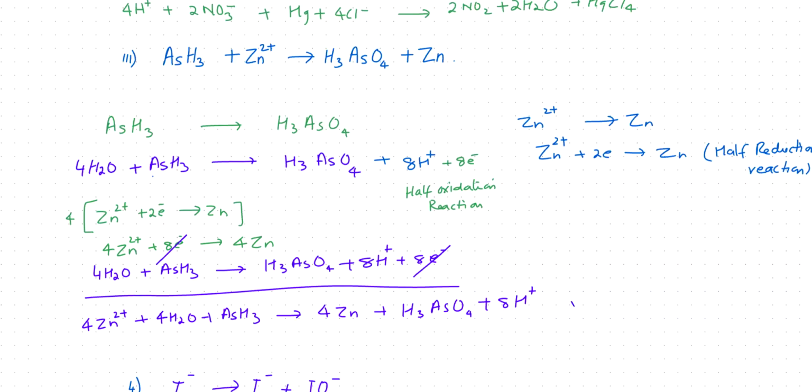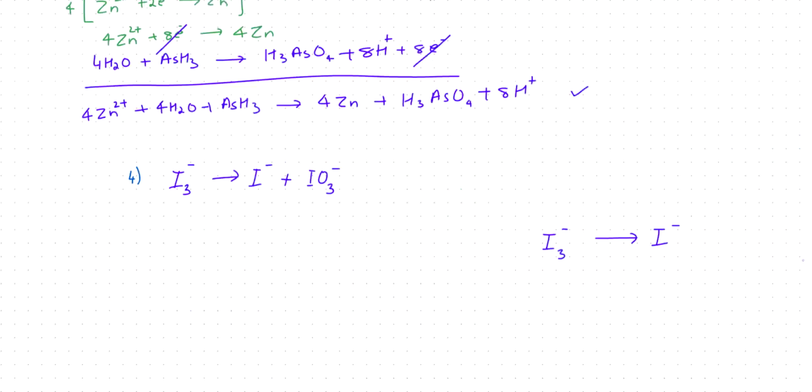The next one, here I3 negative is changing to I negative. So this is one reaction. Another reaction is I3 negative changing to IO3 negative.